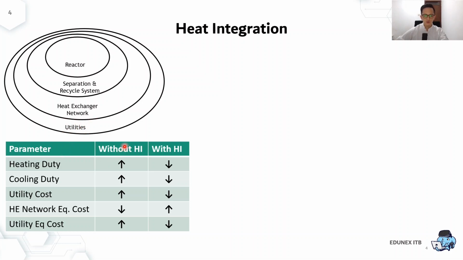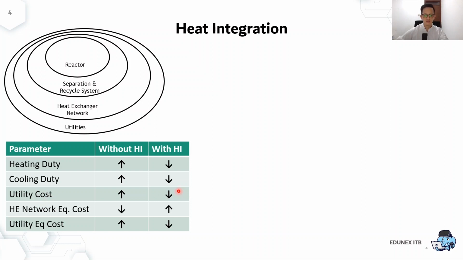So without heat integration, as you can imagine, all the heating duty and the cooling duty require utilities, and after performing some heat integration, because of the internal heat recovery, now the hot utilities or steam or the heating duty can be reduced. The cooling duty, in terms of the cooling water for example, can be reduced as well. So the overall utility cost will reduce after the heat integration.